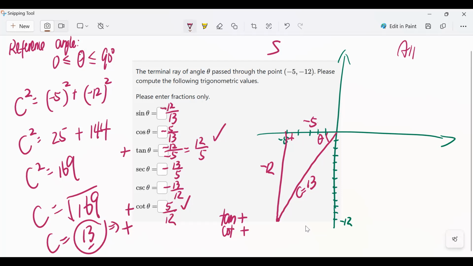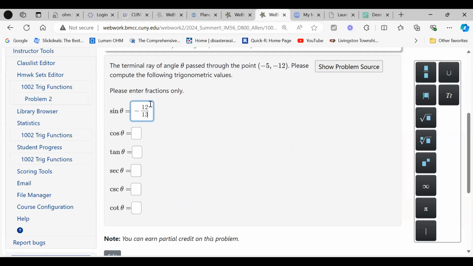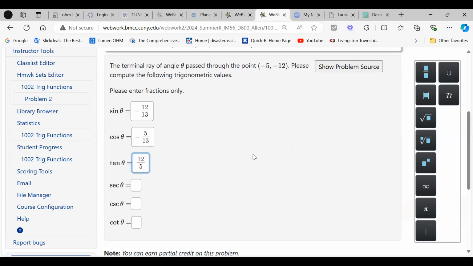Any question about this? The first one is -12 over 13. Cosine is -5 over 13. Then tangent is positive, 12 over 5. Tangent equals sine over cosine, 12 over 5.